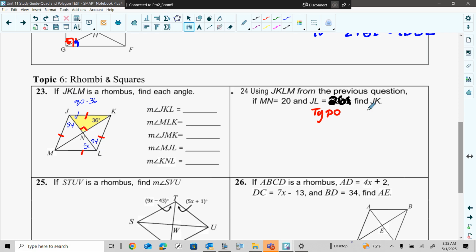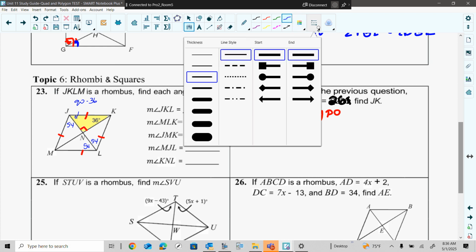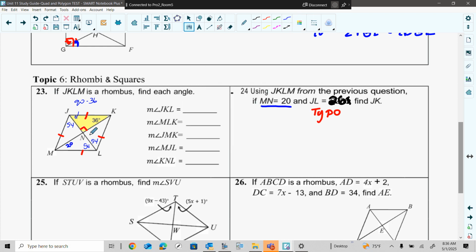So they want you to find JK in this, using the diagonal MN is 20. So 20 and 20. And JL is 26. So that means this would be 13 and 13. So I'm using basically the right triangle here.